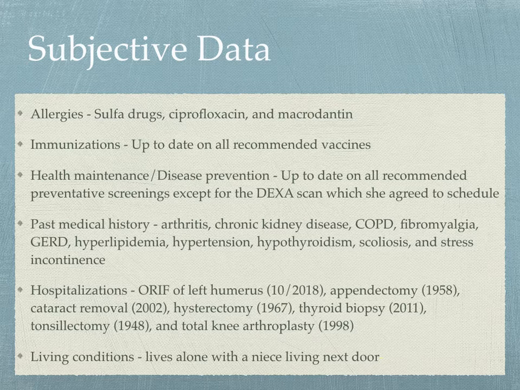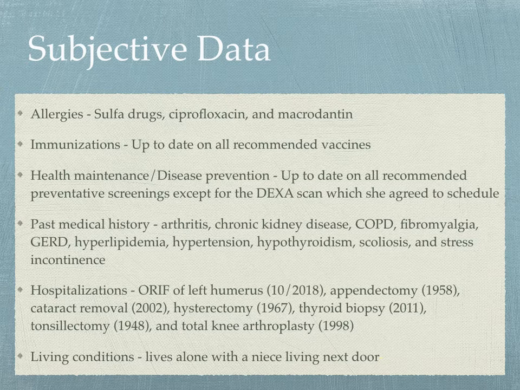Also noteworthy about this patient is her extensive medication list, which we will discuss on the next slide. She has allergies to sulfa drugs, ciprofloxacin, and Macrodantin. Her immunizations were all up to date, and she tends to receive them as soon as she can. She has also been up to date on all of her preventative screenings except for her DEXA scan, which we scheduled in the office.